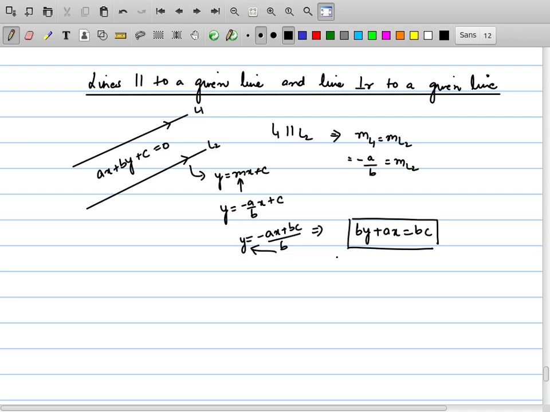Now the equation of our line is ax plus by equals, instead of bc we can write another constant, let's say c1. This is the equation of the line which we are looking for.